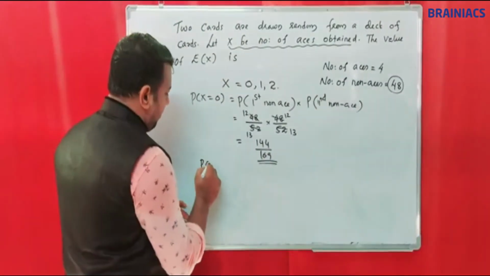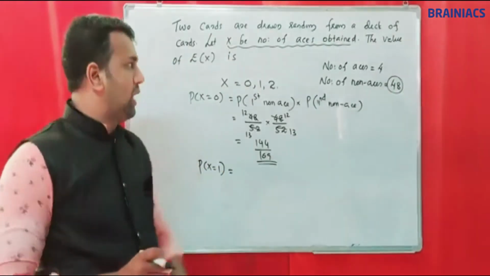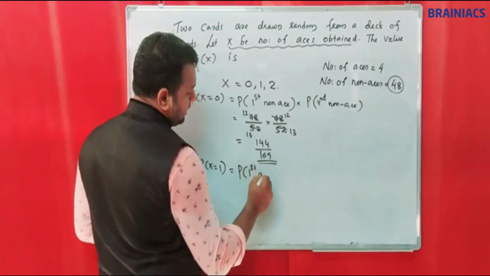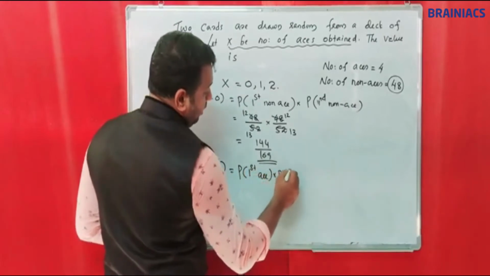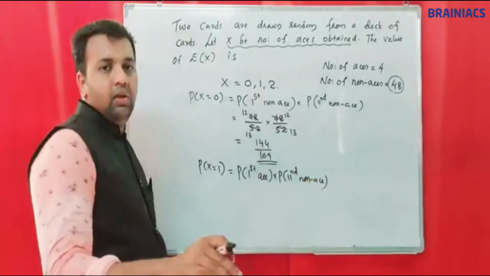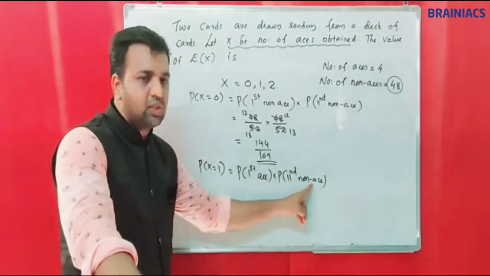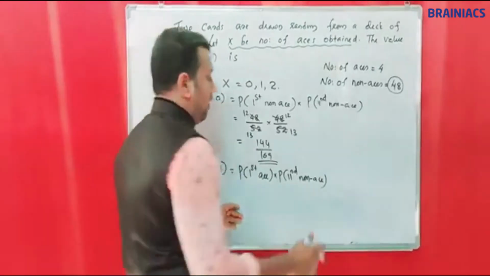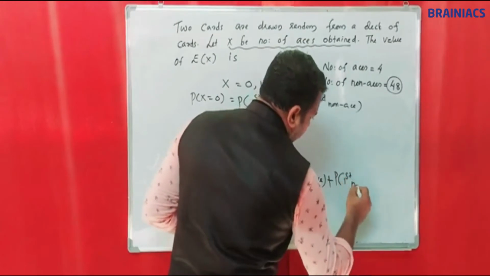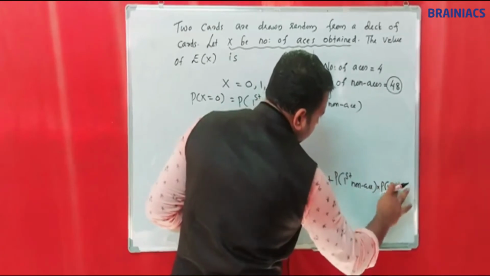And P of x is equal to 1. There are 2 cases. They are, first, P of first ace into second non-ace. In this case there is only one ace card and the other is a non-ace. The other case is P of first non-ace and second ace.